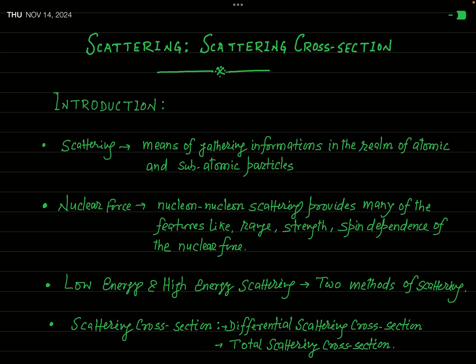And when you say scattering cross section, then you will see there are two scattering cross sections. One is called differential scattering cross section and another is called total scattering cross section. So if your plan is to deal with the problem of quantum mechanical theory of scattering or classical theory of scattering, first of all you must have an idea of this differential scattering cross section and the total scattering cross section.